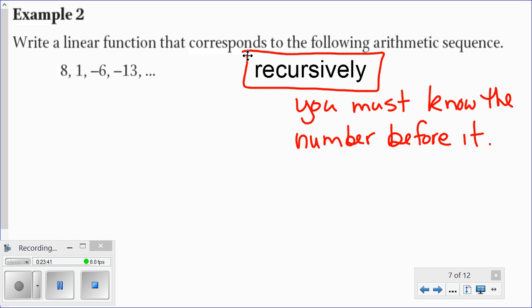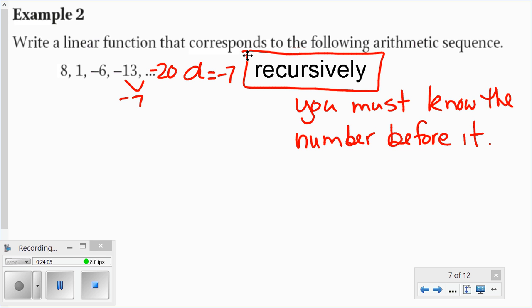Because you knew the term in front of it, right? So you take the term in front of it and you apply the rule. That's what recursive means. You have to know the number in front of it in order to determine the next number. So we already knew that d was -7, so if you subtract 7, you get -20. Okay?